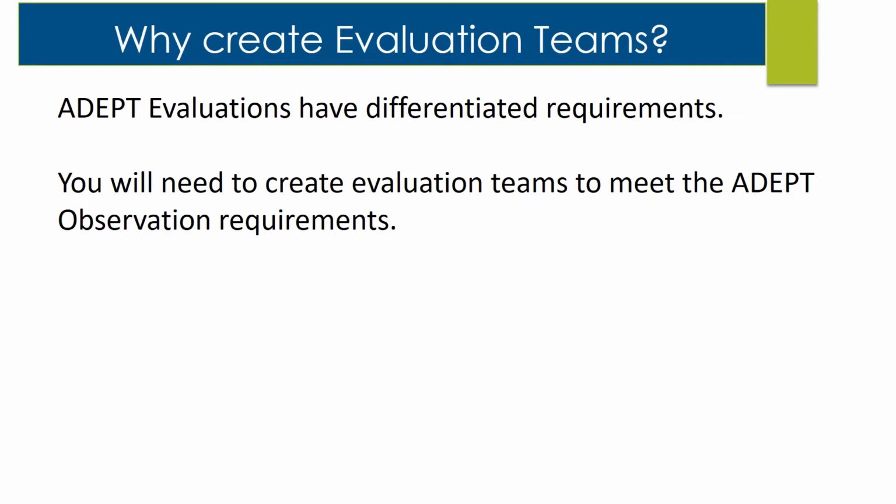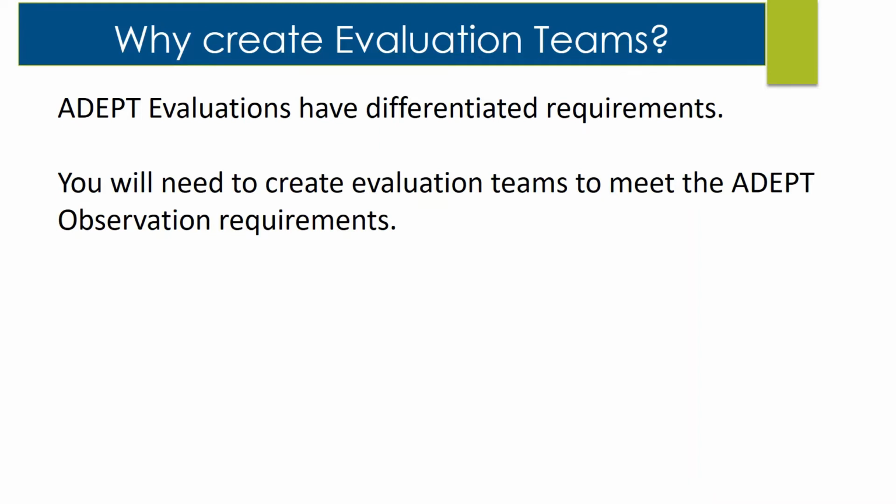For classroom-based teachers on either annual summative or continuing summative evaluation, they would need the principal or trained administrative designee and a content expert. Each of these evaluators must conduct equal to or greater than 2 classroom observations per semester.